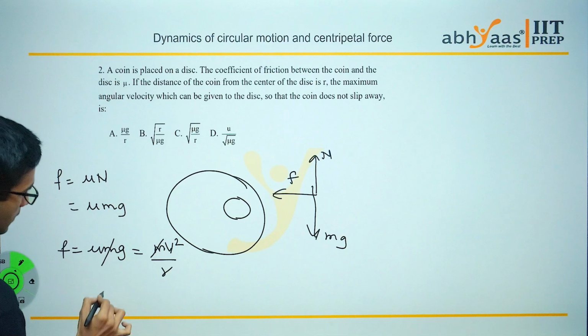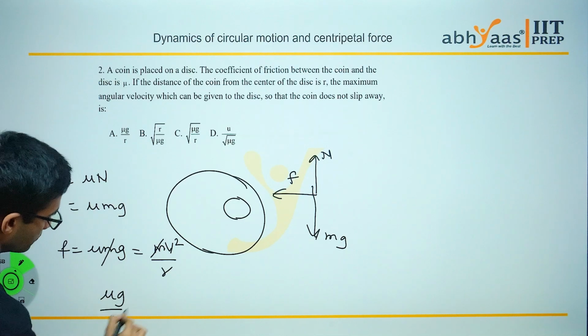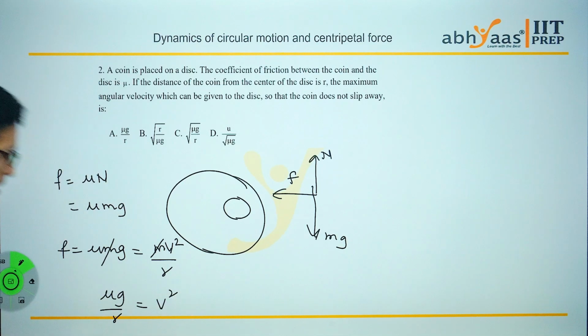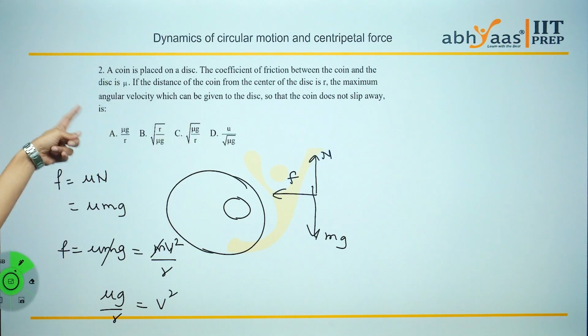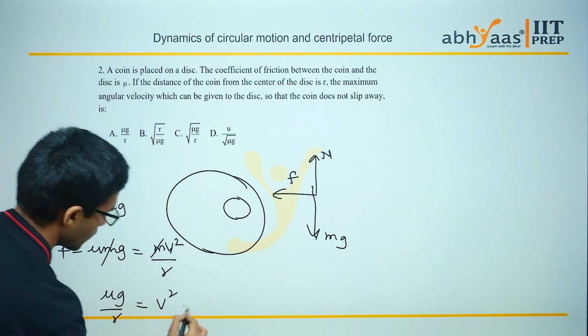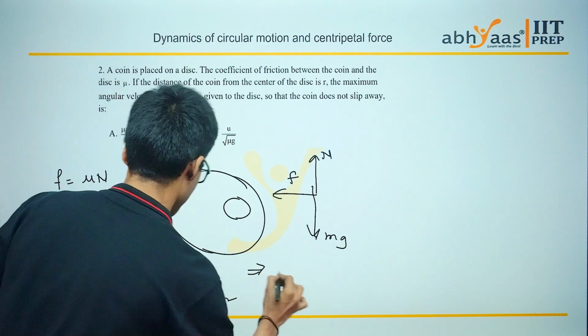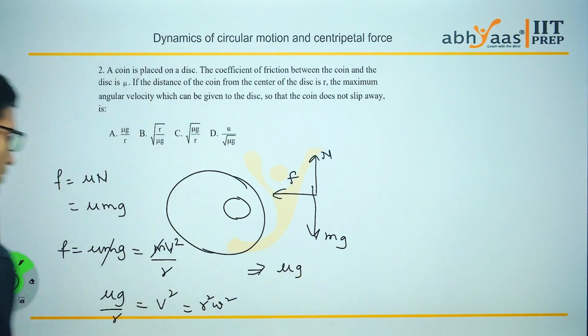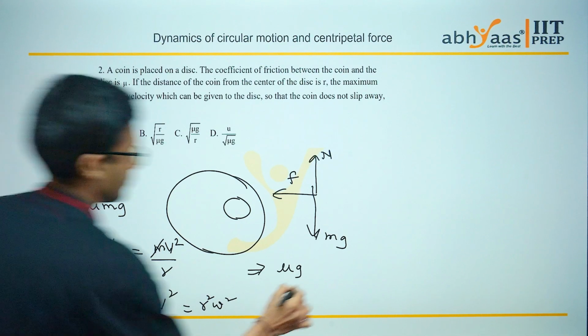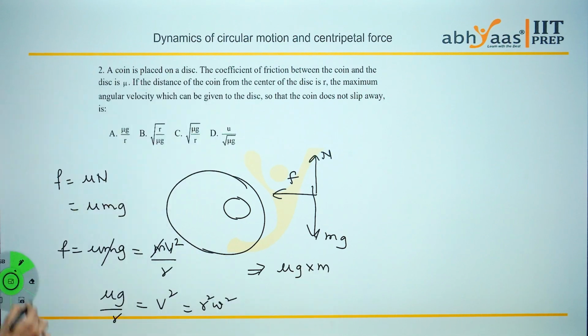M gets cancelled. Mu g by r is equal to v square. But what we are asking is the maximum angular velocity, so you write v as r omega.